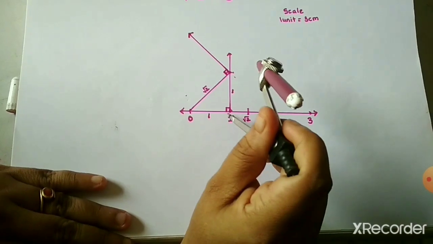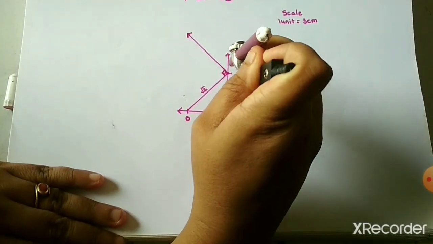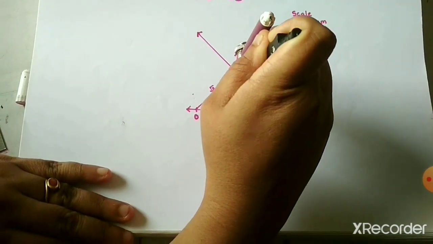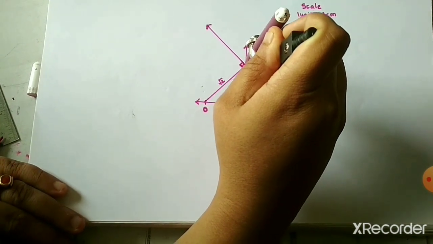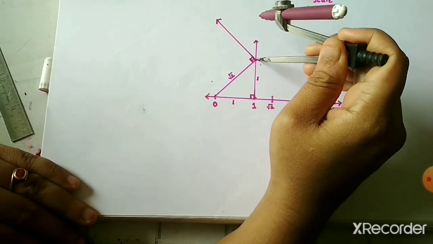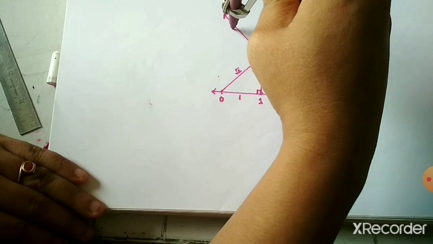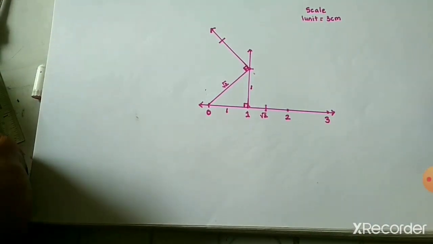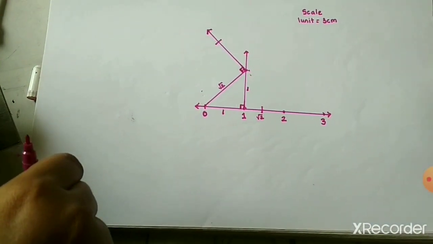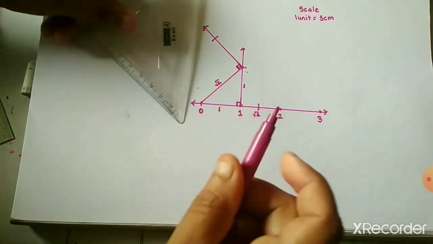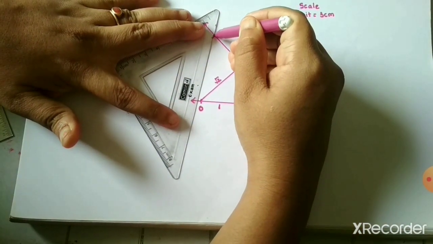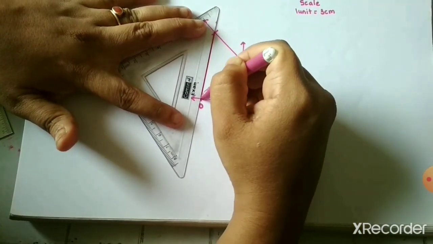Again, take a 1 unit distance. Here generally the students make mistakes. They take the root 2 distance, the hypotenuse distance. No, you have to consider the 1 unit distance. Keep the compass here and draw the arc. Correct? So again, join it with your 0 point so that you will get again a right angle triangle.